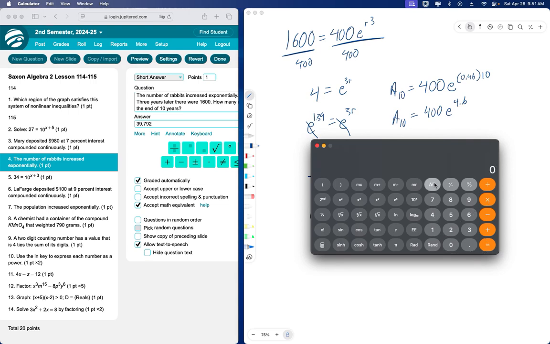No, that's not right. So I've got to reduce it at some point. Maybe it should be 0.463. I don't know. 0.46, e to the x. Okay, so that's right. Hang on.